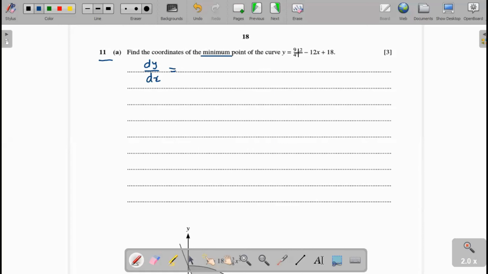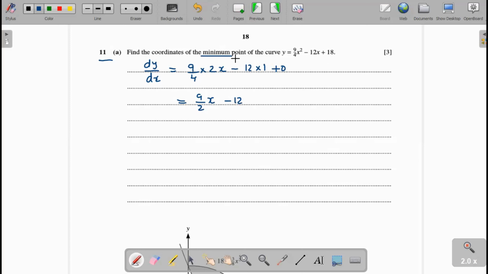The derivative of 9 over 4 x square: 9 over 4 is written as it is, and the derivative of x square is 2x. Minus 12 written as it is into derivative of x, which is 1, and the derivative of 18 is 0. Therefore, dy over dx is 9 over 2 x minus 12.